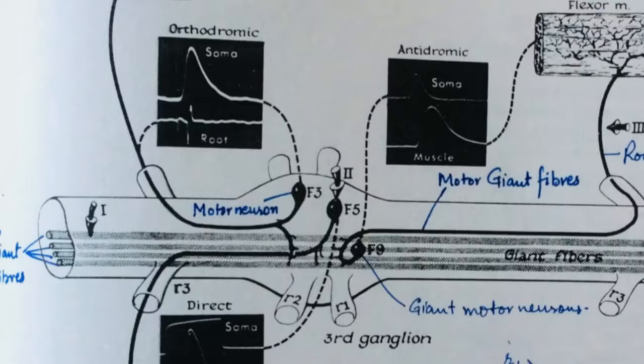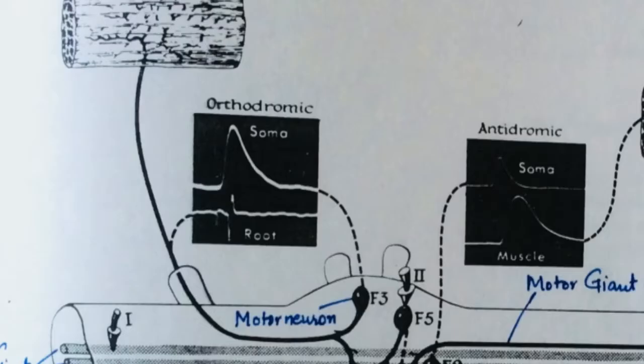This stimulation results in an orthodromic kind of response, both in the case of the motor neuron F3 and the root 3, which is going to the flexor muscle. If you see the black box with 2 graphs on the upper left side, you can see the orthodromic shift in the soma and then the root.